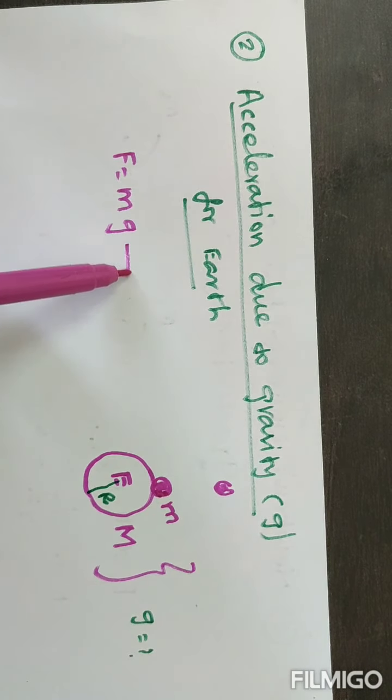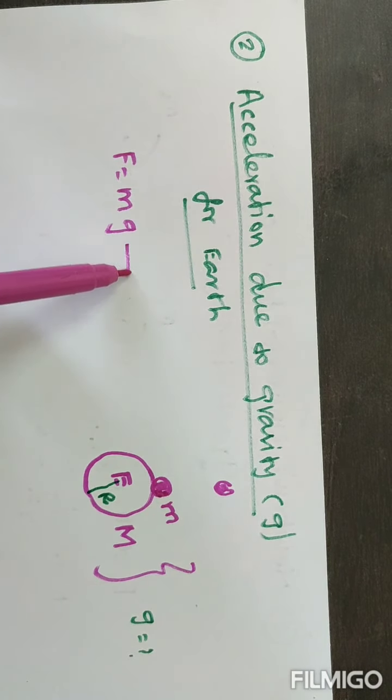Just imagine, the same amount of force exerted by the mass is exerted by the earth also, because equal and opposite reaction you already know. So we can equate equation number 1 with 2.